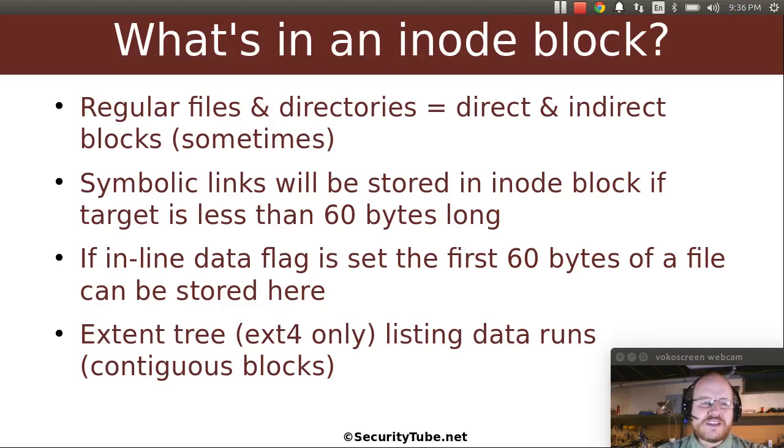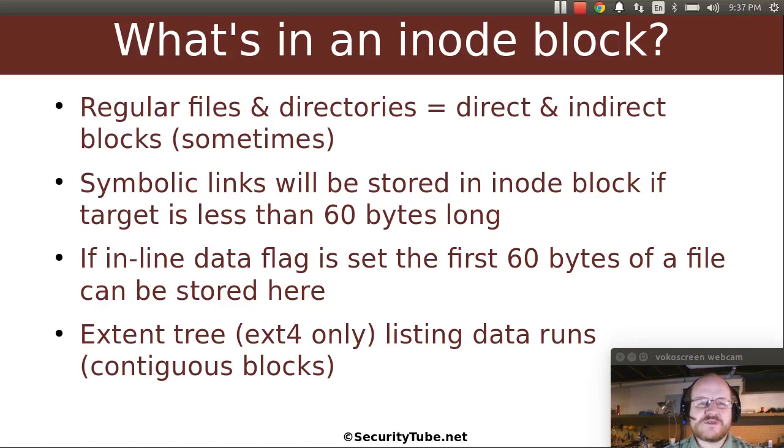If it's inline data, there's a flag that is set in the flags, which we saw in a previous video, and then the first 60 bytes of the file can be stored in the inode. This allows you to store small files entirely within the inode.